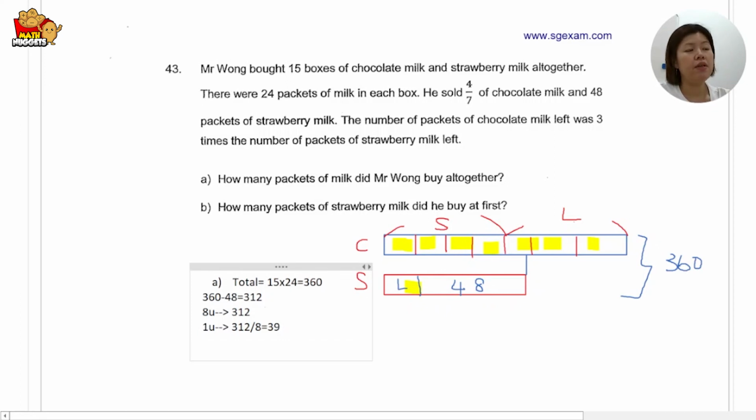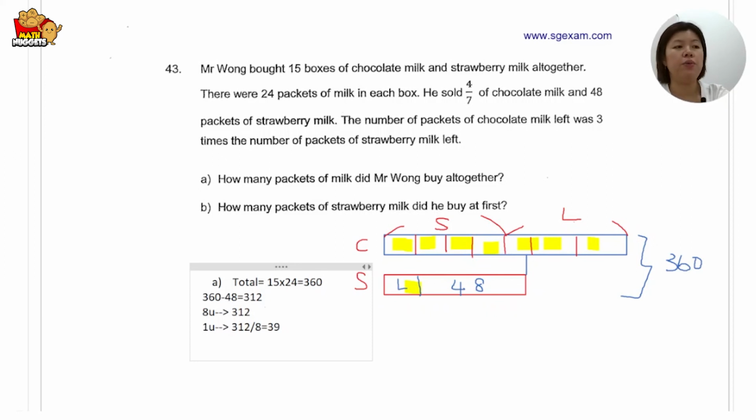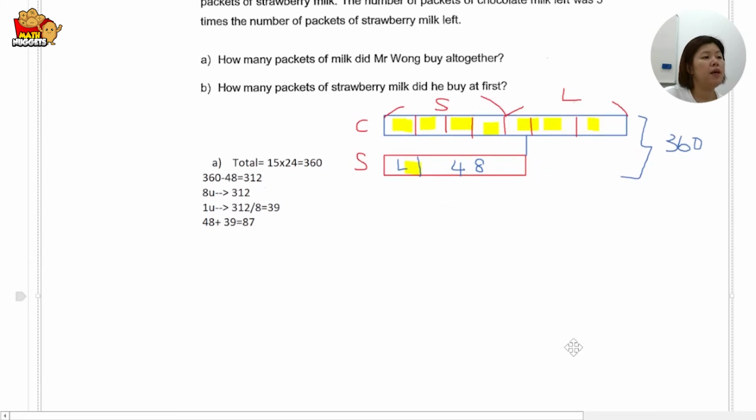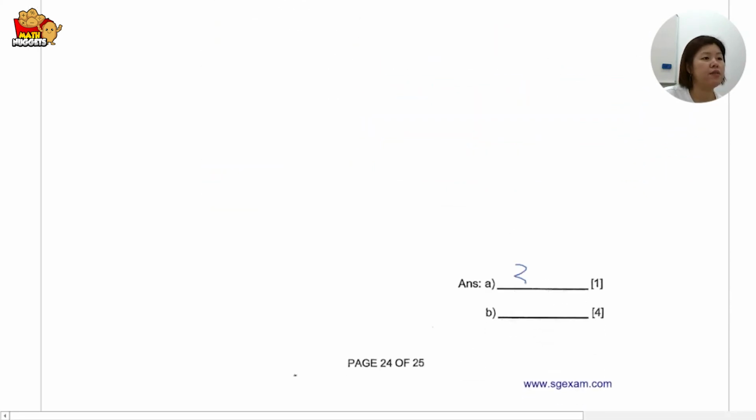So since strawberry is 48 with 1 unit, so we can take 48 plus 39, equal, oh sorry, it's 39, 87. Okay, so let me put the number 360 and 87.